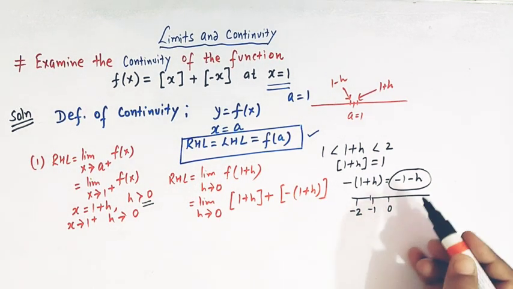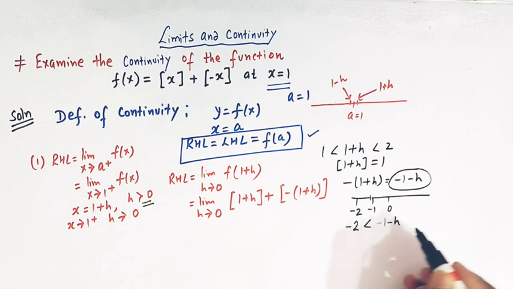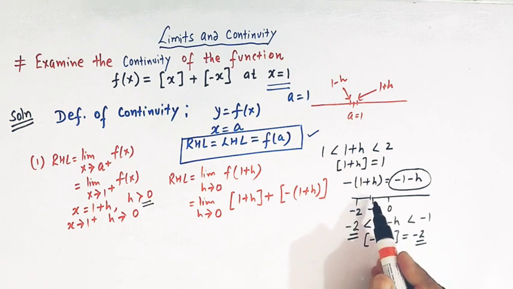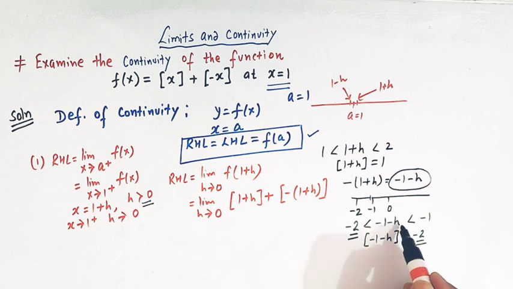So minus 1 minus h must be greater than minus 2 but less than minus 1. From the definition of greatest integer function, the greatest integer of minus 1 minus h must be equal to minus 2, because minus 1 minus h lies between minus 2 and minus 1.